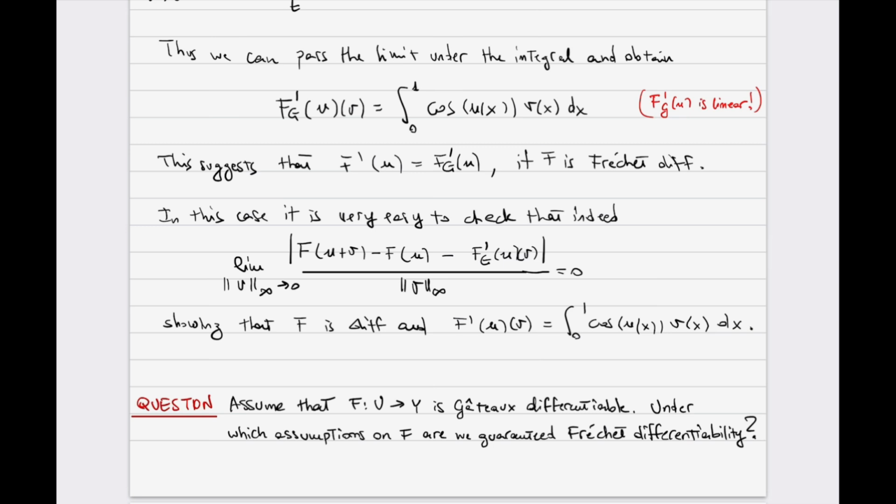So the question is, when does this happen? What are sufficient conditions on f such that if f is Gâteaux differentiable, then it is also Fréchet differentiable? In order to answer this question, we need some machinery that we will see in a minute.